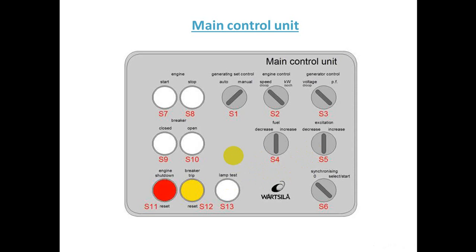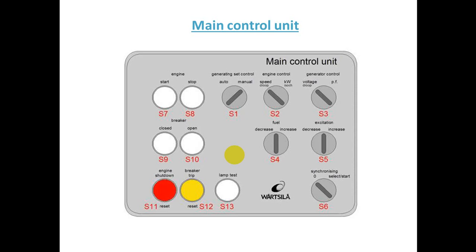Where are these control panels used, or where can you find this control unit? All these control units are found in a place called the control room. The control room is a room for monitoring and controlling the operation of the genset, and consists of control panels, a panel of special protection for the generator, and monitoring devices.